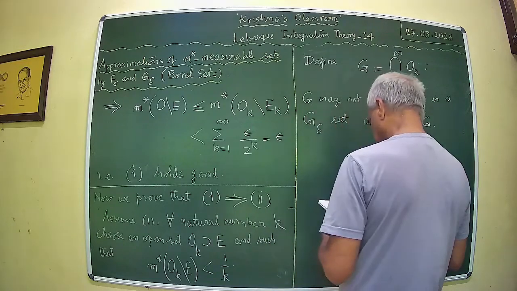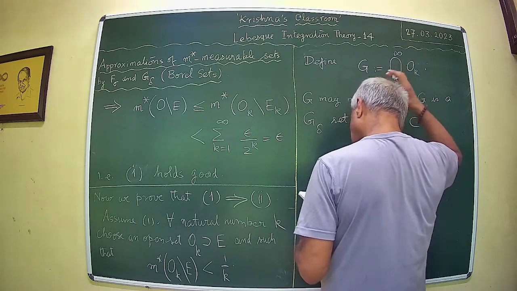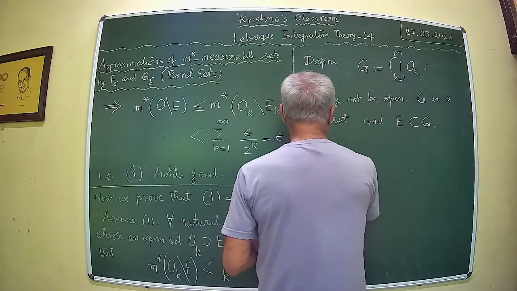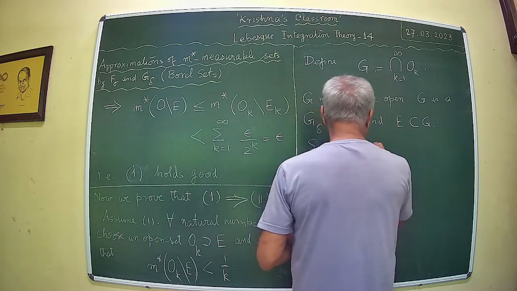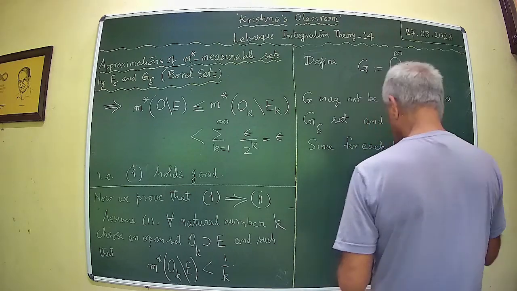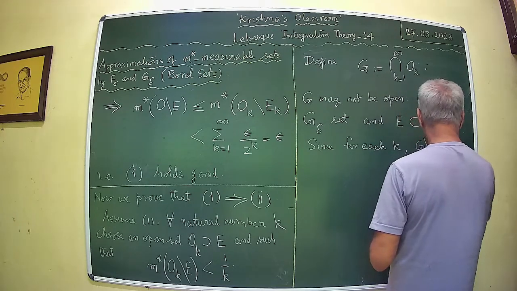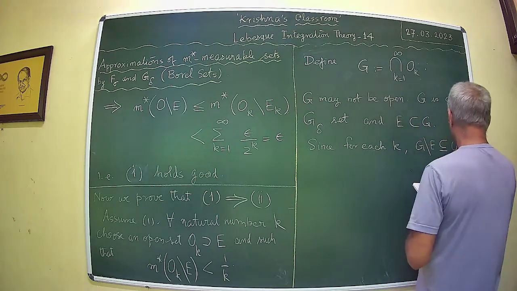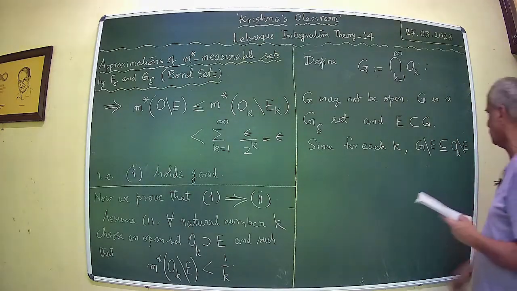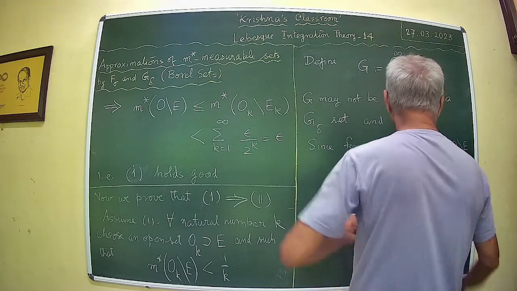Therefore, since for each K, O_K slash E has small outer measure, and G being the intersection of all O_K's, G is in every O_K.